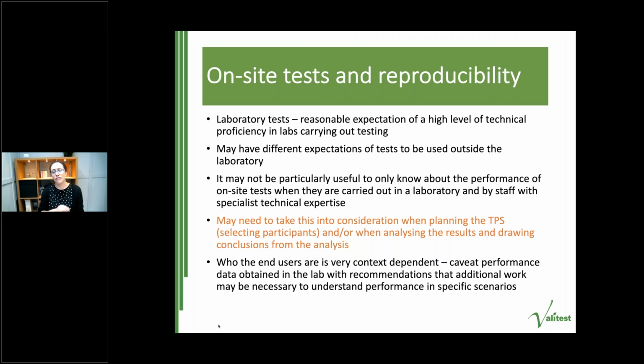Obviously, the end user for a particular test is very context dependent, so it depends on who's using the test and what they're using it for. So it might be important to add caveats to the performance data which we obtain in the lab, to say that if the end users are very differently experienced from the specialist operators that you'd expect in a lab, then we probably need to do more work to understand the performance in the specific scenarios that we're talking about, and we don't just want to look at the performance measures which we've derived from the TPS, which was carried out in the lab.